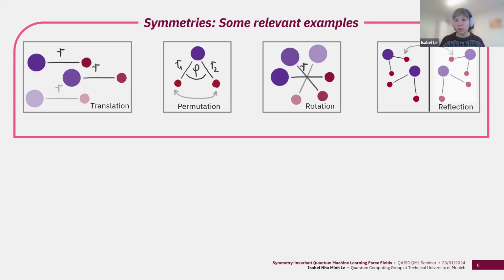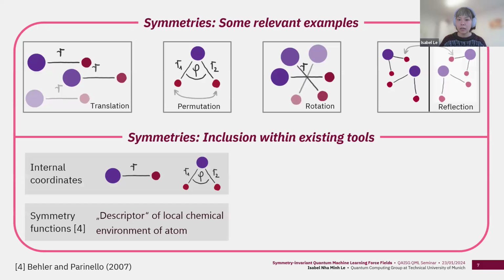And I will also make use of this concept a little bit later when I talk about how to include the symmetries in the quantum circuit. But that means that these kind of symmetry invariances need to be reproduced by whatever model that wants to predict the system's energy and forces.